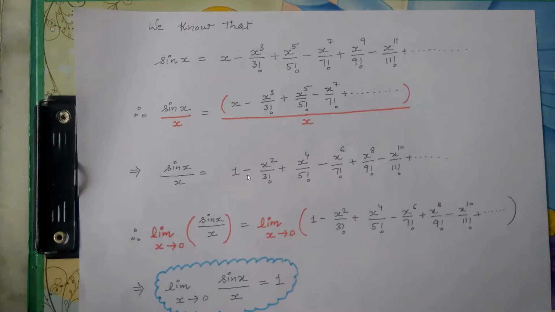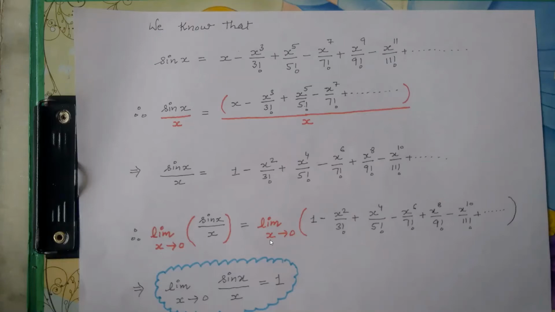Now in the next step, taking x approaches 0. Wherever you find x, you put 0 in the right hand side. Limit x approaches 0 is the operator which is assigned to the left side here and here. We see that except the first term, all the terms contain x in the numerator.